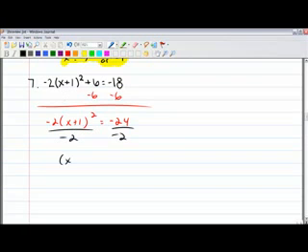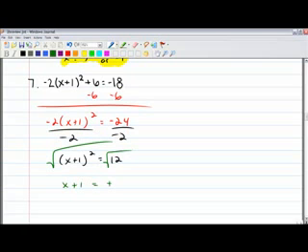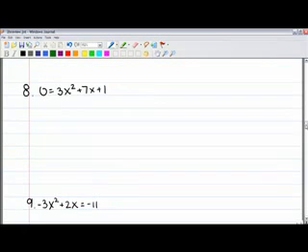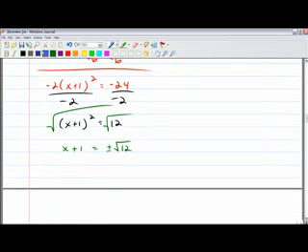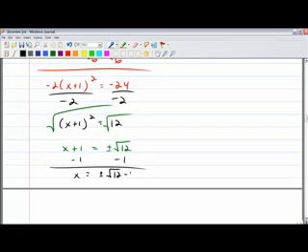I got (x plus 1) squared equals 12. Now take the square root of both sides. The left side is x plus 1. The right side is plus or minus the square root of 12. Subtract 1 from both sides. x equals plus or minus the square root of 12 minus 1.